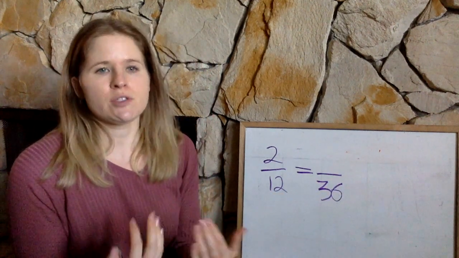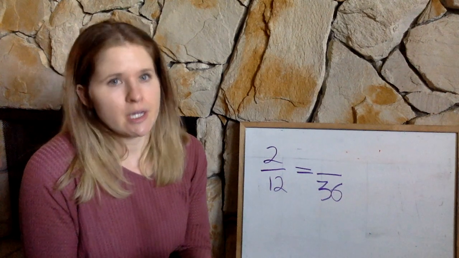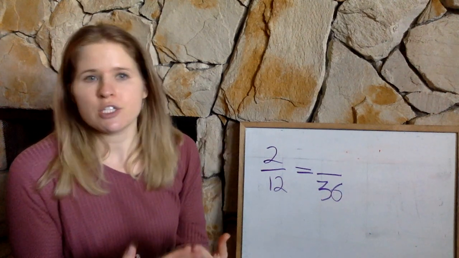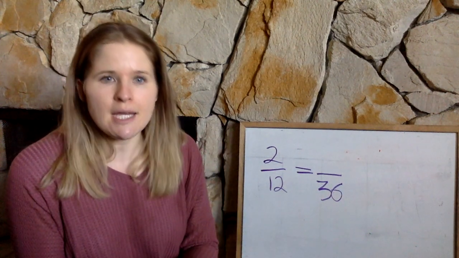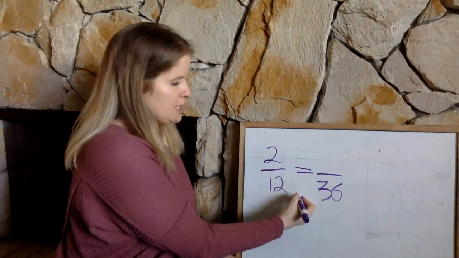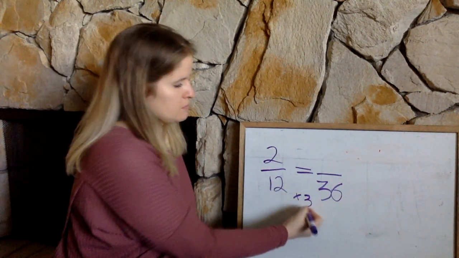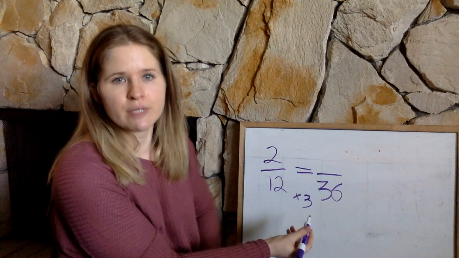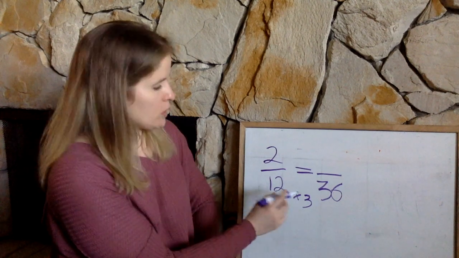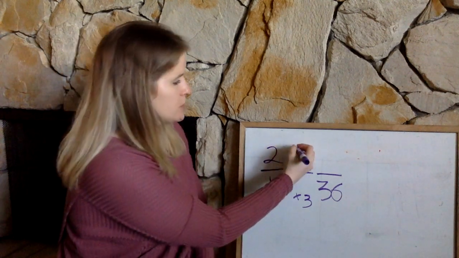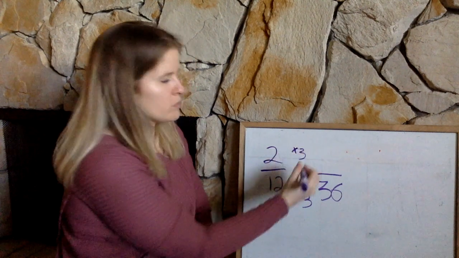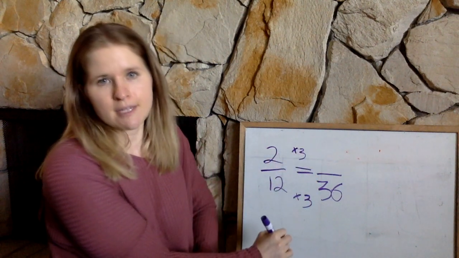How many times does 12 go into 36? Look in a multiplication chart if it's not off the top of your head. The answer is 3 times. 12 times 3 is 36. What I do to the bottom, I do to the top. 2 times 3 is 6.